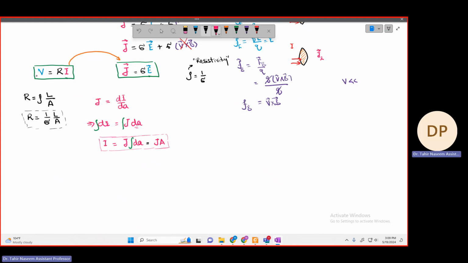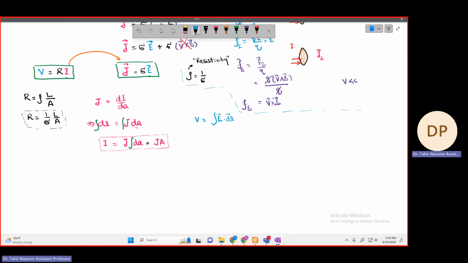The last thing is I need to convert V in form of E. I can also do that using the definition of potential, which is V equals the integral of E dot dl.